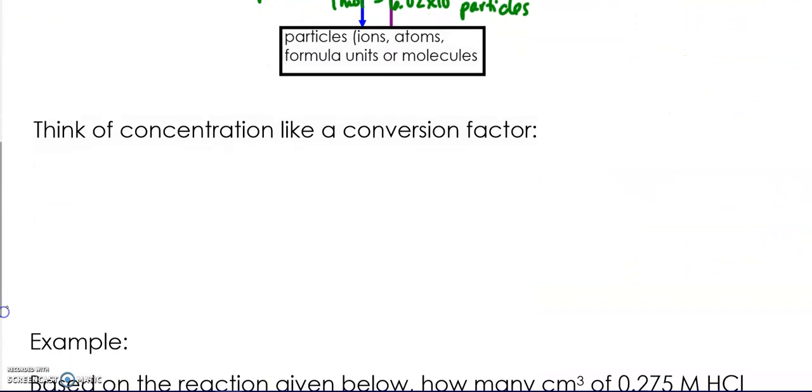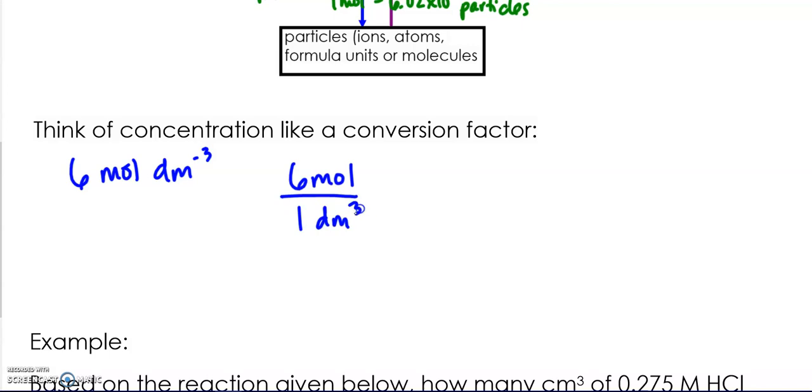When it comes to a conversion factor with concentration, when you have something like 6 moles per decimeter cubed, or if IB likes to write it like this, you can write that as 6 moles per 1 decimeter cubed, or you can flip it over, 1 decimeter cubed for every 6 moles. And you can set that up either way to get your units to cancel. So if you're trying to convert from moles to volume or volume to moles, you can do it this way.